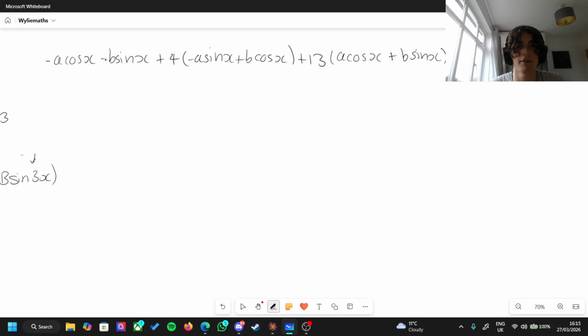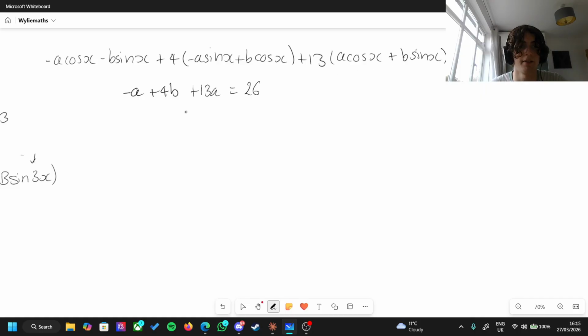So every coefficient of cos, starting on the left-hand side, we have minus a. We then have plus 4b, because this b is going to multiply with this 4, and plus 13a. And that is going to be equal to 26, because that is the coefficient of cos x.